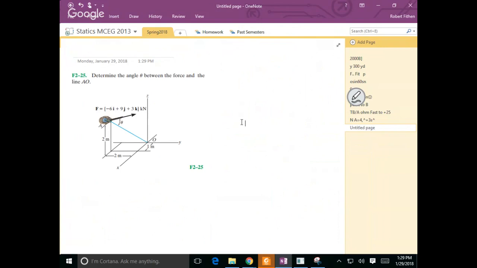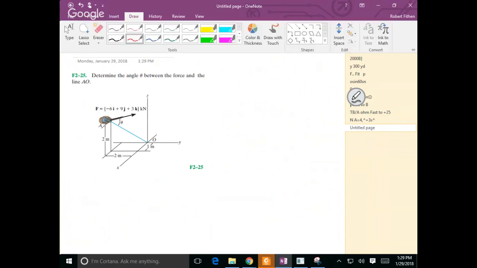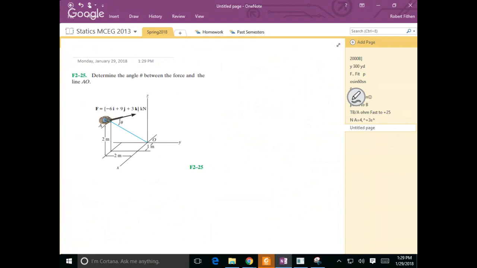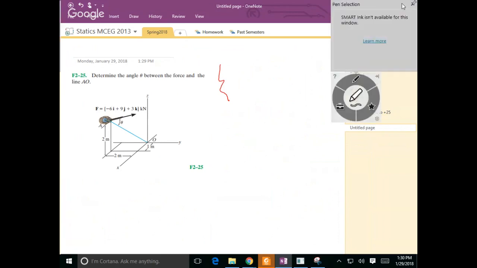So what I'm going to do first is, oh, wait a minute. Draw. Let's make sure that this is drawing in OneNote and not on top of it. How do I get this thing out of here?